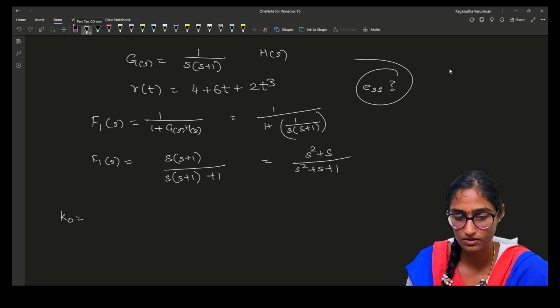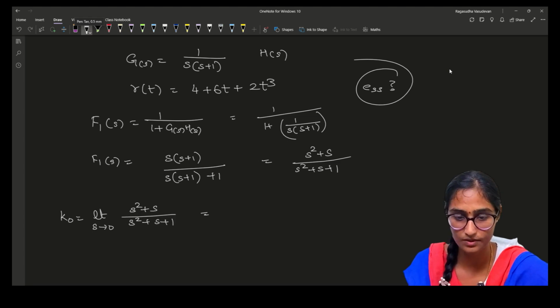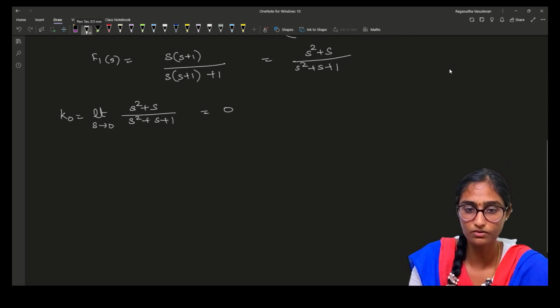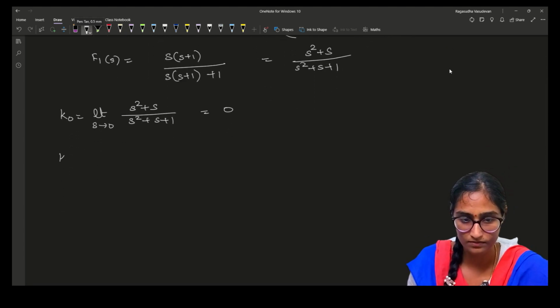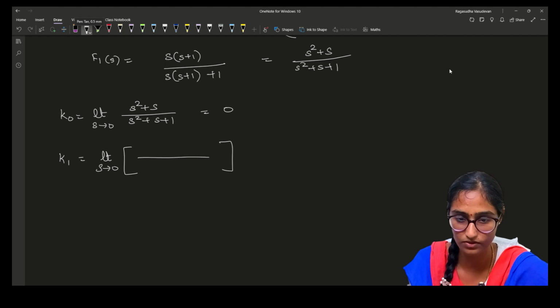What is K0? Simple. The 0th derivative, or just the limit s tends to 0 of f1 of s, which is equal to 0. So K0 is 0. We will find out K1. K1 will be limit as s tends to 0 of the first derivative of f1 of s, which is over s square plus s plus 1 whole square.